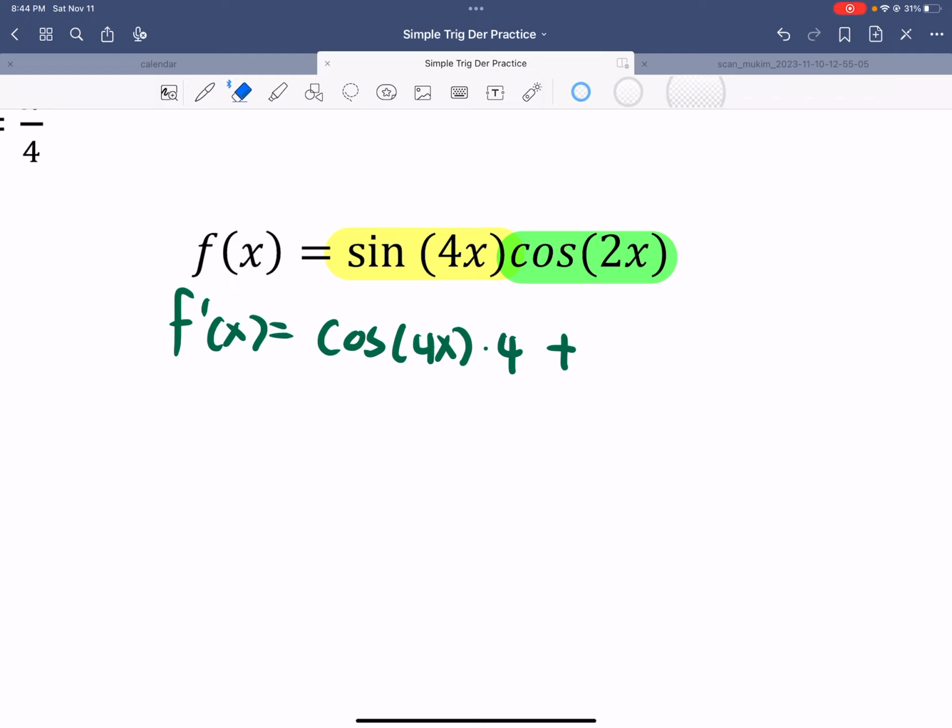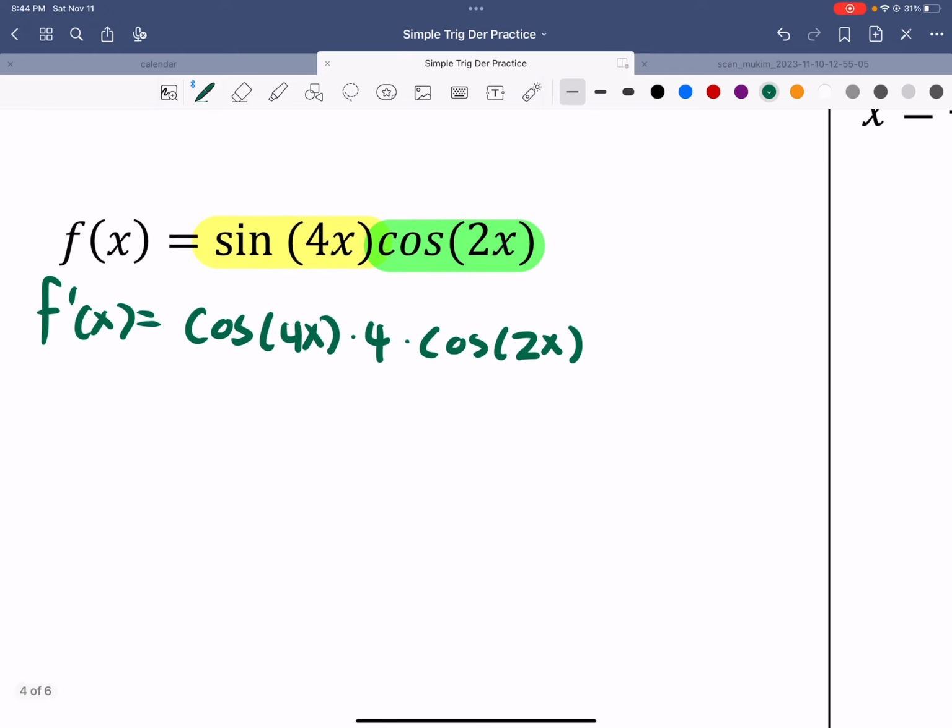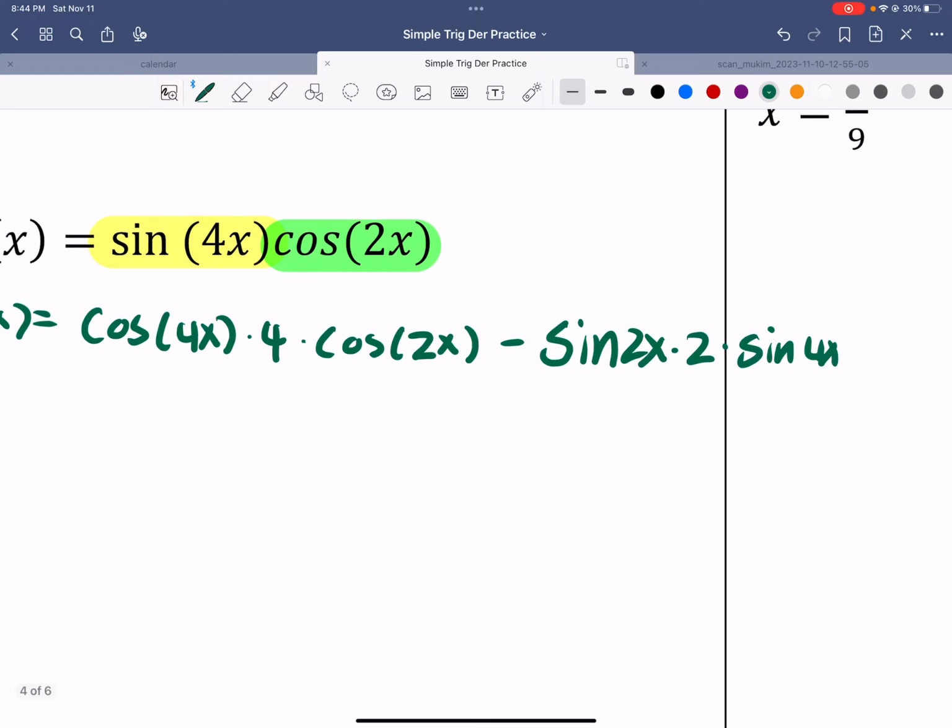Plus, oh no, what do I mean plus? I just derived this one and then I gotta multiply this one times cosine of 2x. Minus, I'm glad that I made this one. So cosine 2x is gonna be sine 2x times 2 times sine 4x, right?